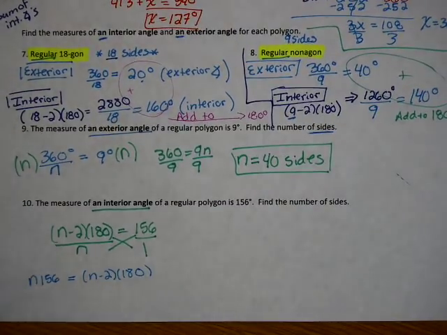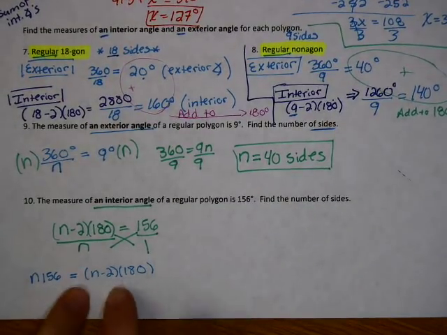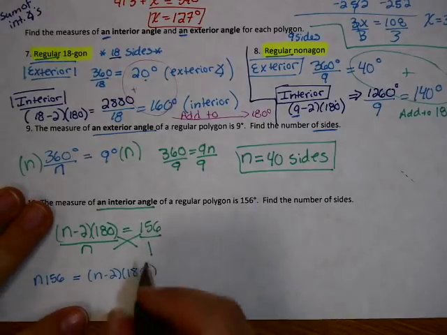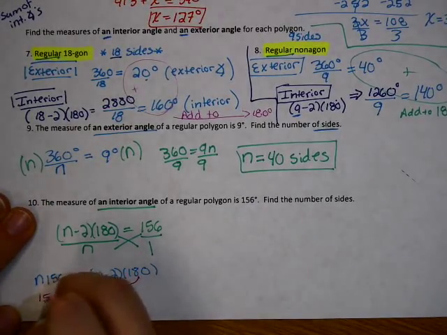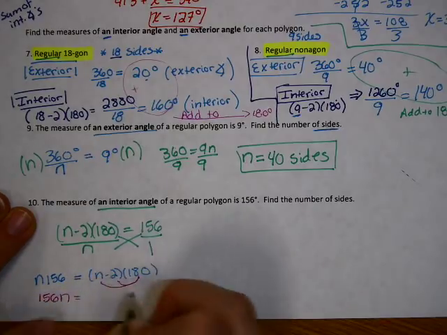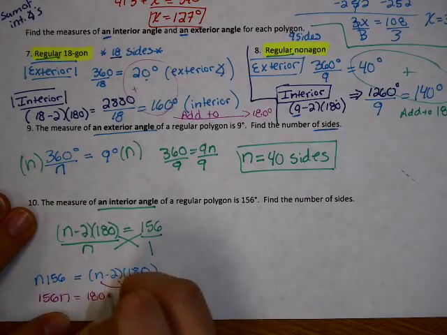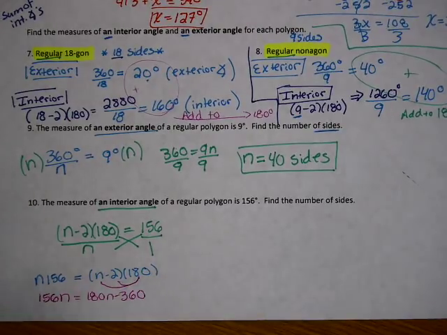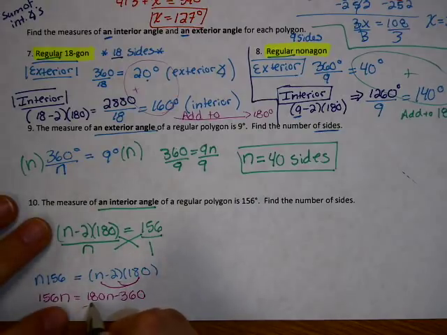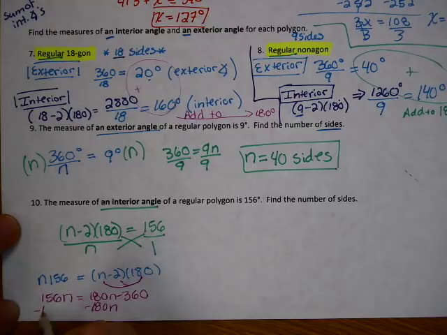Now because I have an n on both sides, and this is in parentheses, I will need to distribute my 180. So I have 156n is equal to 180n minus 360. Then let's solve for n. Subtract your 180n on both sides.